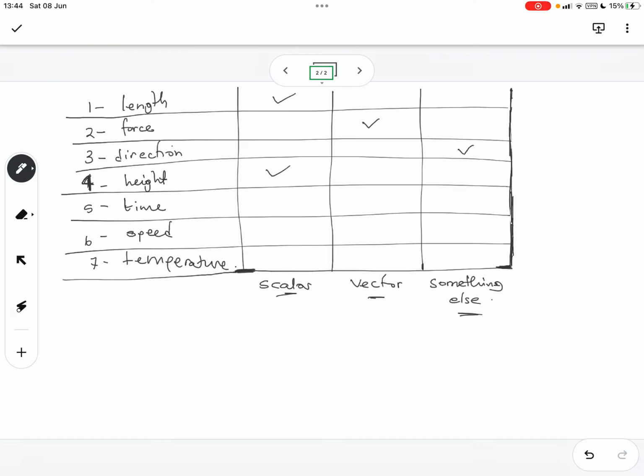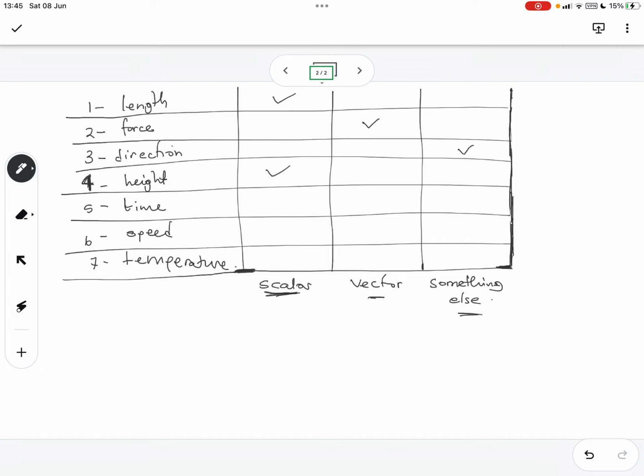Put your finger on the top end of the ruler, and the bottom end is on the table. Can you see that you can measure the distance between the surface of the table and where your finger is? That is a height.